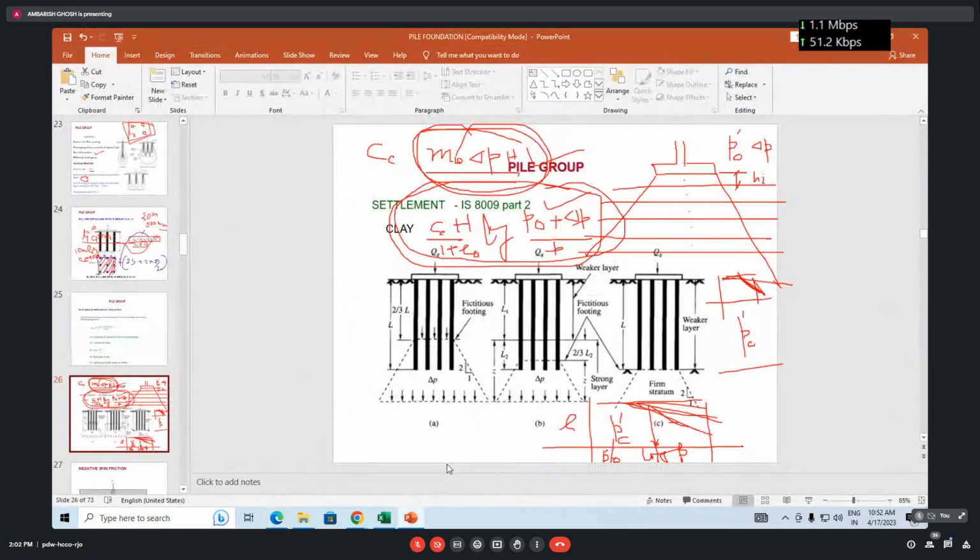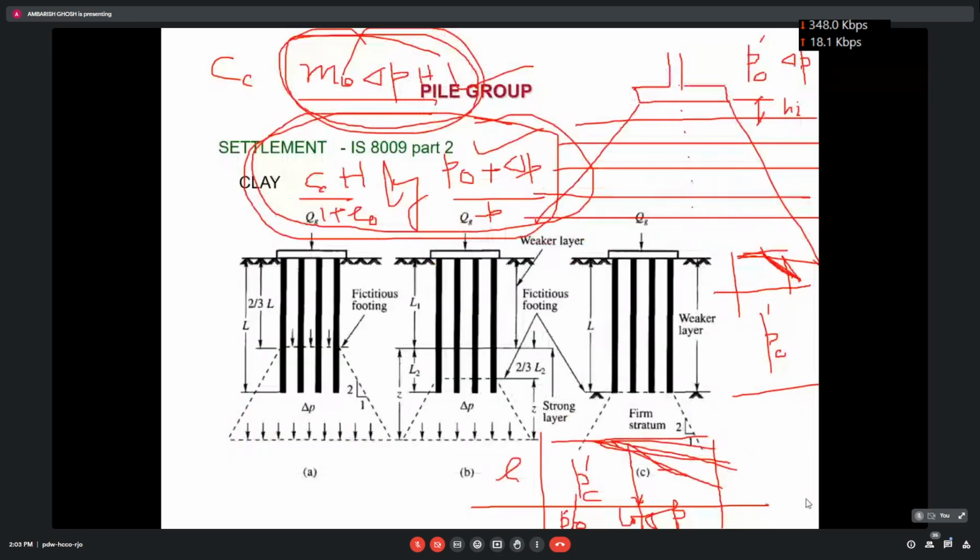So do you have any doubt now regarding settlement calculation? Have you done settlement calculation for shallow footing? This semester we had, isn't it? Yes, sir. Then why are you not telling anything?